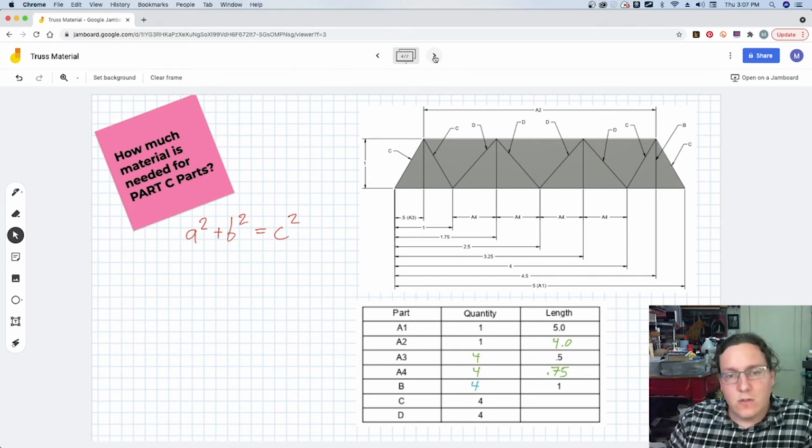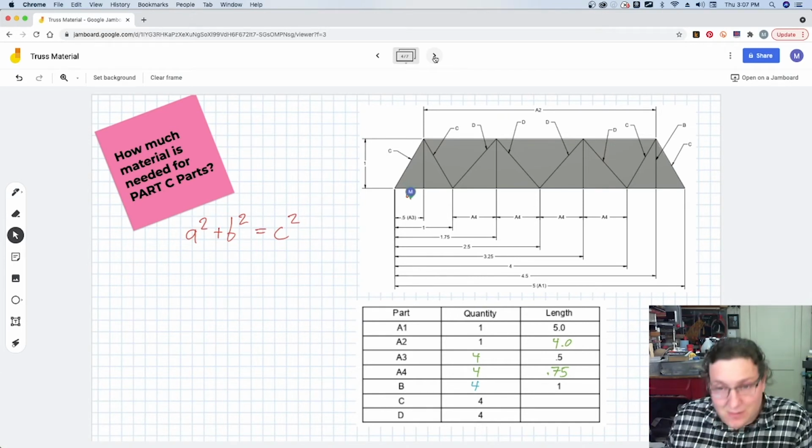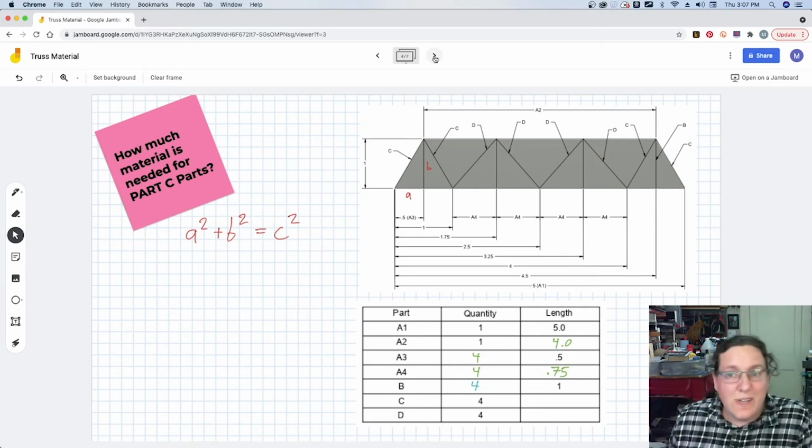Okay, so using information on our table, we can identify that A is basically going to be the bottom base, B is literally going to be our B line. Again, this is a coincidence that was planned ahead, but we can start identifying which values go in.